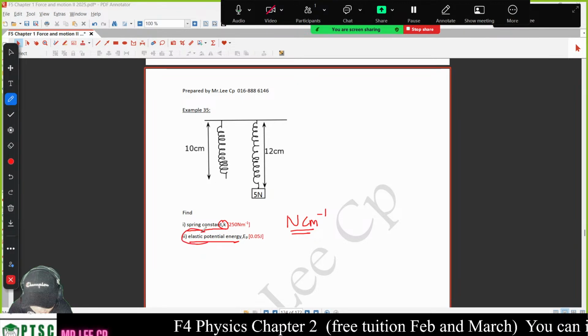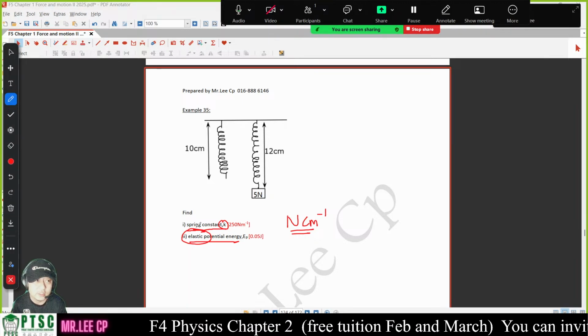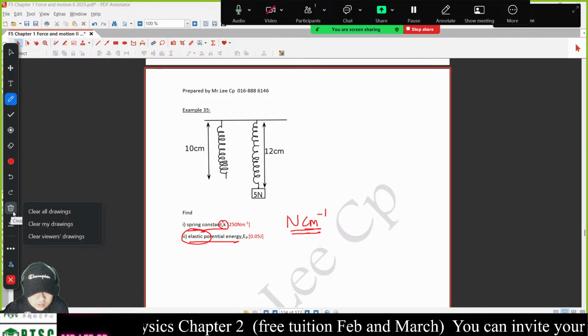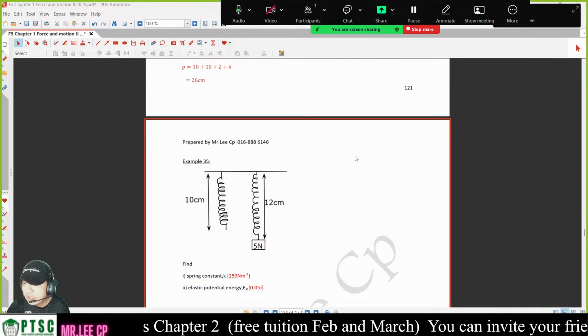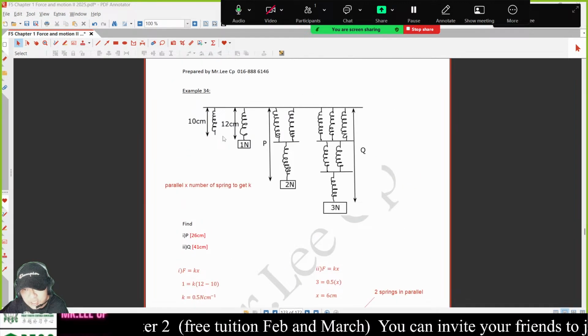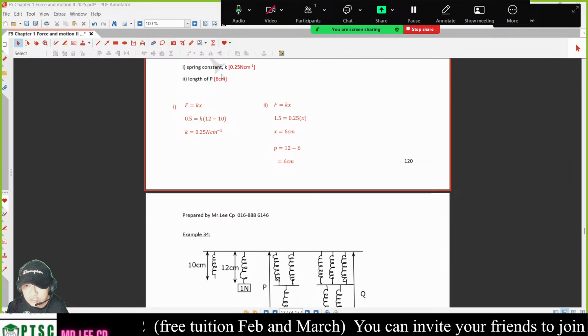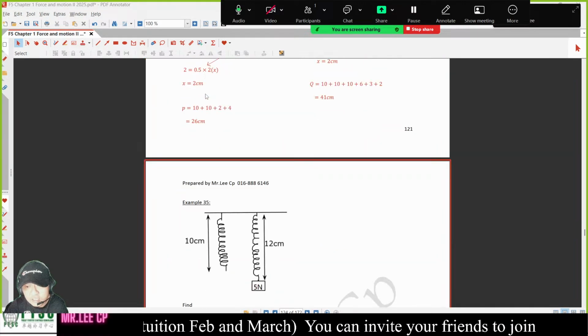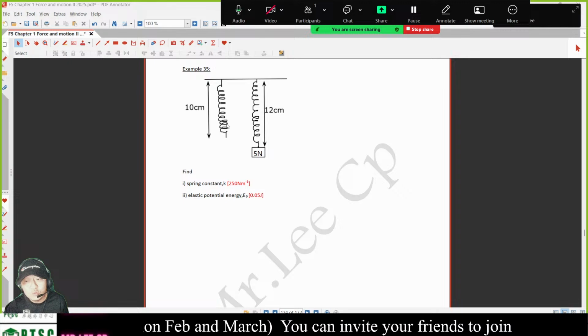Because cm is not an SI unit. Now, teacher, just now K, you can calculate by using Newton per cm because they don't ask you energy. But if they ask you energy, you have to put it in Newton per meter.